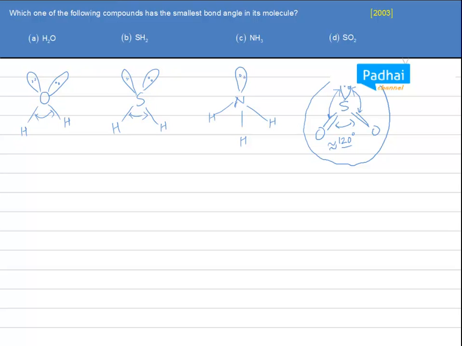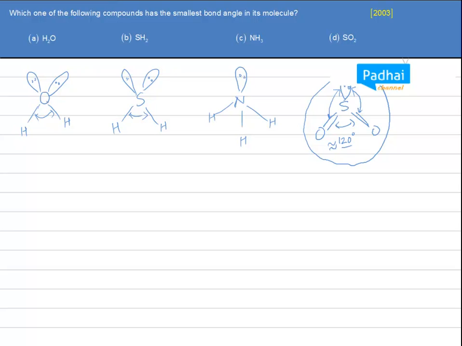This nitrogen, the sulfur and oxygen, all of them are having the same tetrahedral structure, right? So they should be having almost similar bond angles. But what is happening over here is the bonds are OH, SH and NH.